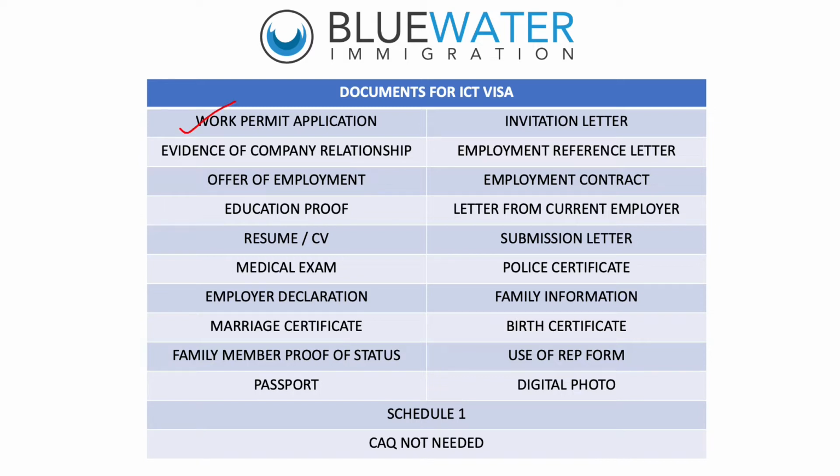The second is the invitation letter. Now, this invitation letter is sent out by the Canadian organization that is getting the ICT employee to come and work for that entity. So you will have information like the person who's responsible for getting this ICT employee to come over, their full name, their title, business contact information. You also have to include a brief summary of the reason for the invitation.